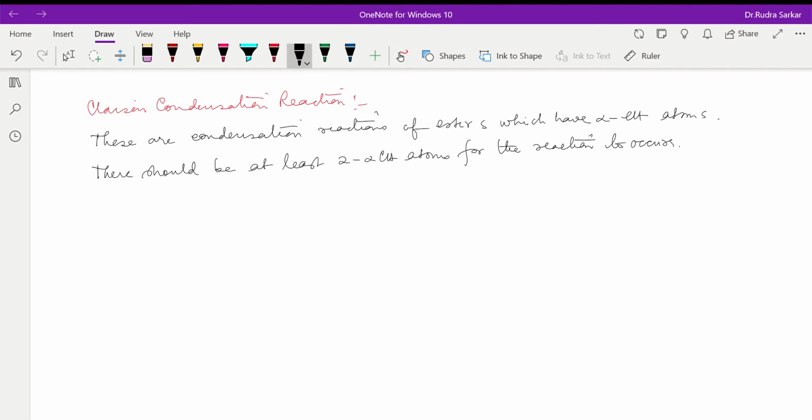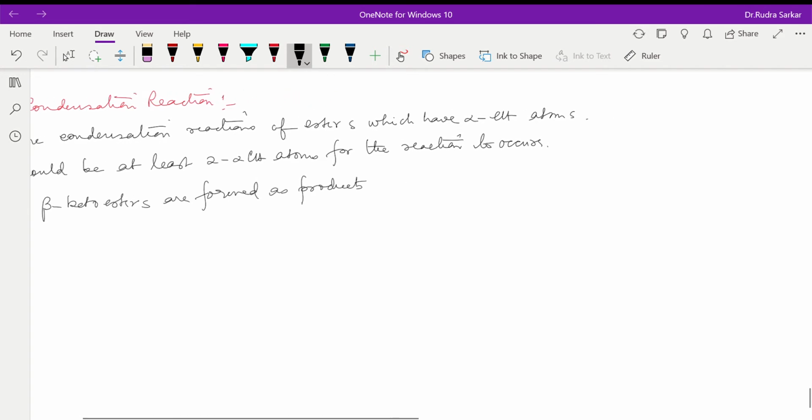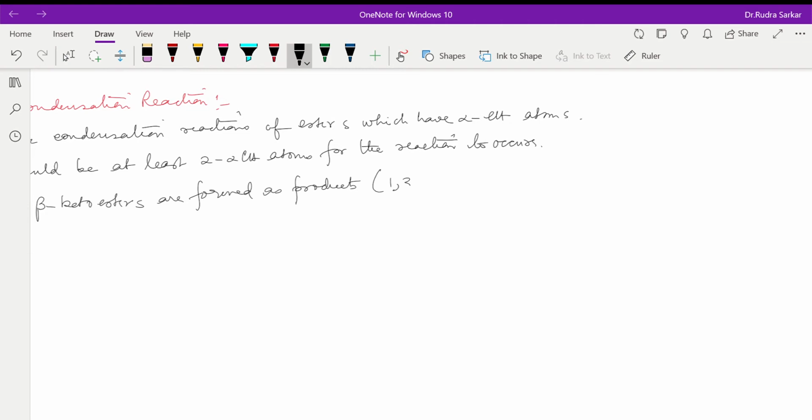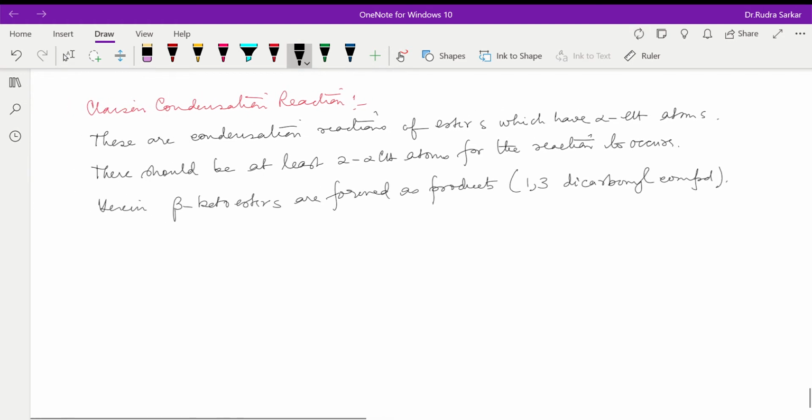Okay. Herein beta ketoesters are formed as products. These can also be called 1,3-dicarbonyl compounds.